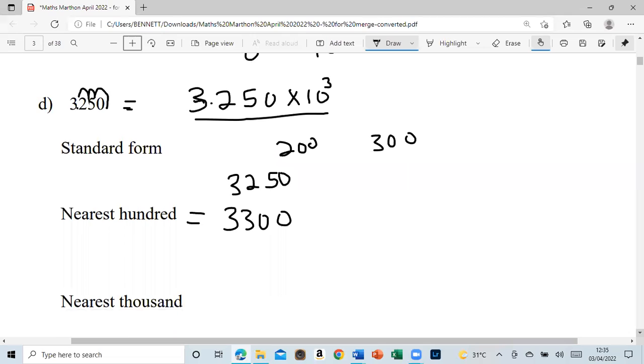Yes, sir. All right. So the nearest 1,000. 3,000, right? So you see, 250, it has to reach 3,500 for it to be considered greater. So that will be 3,000. And there you have it.